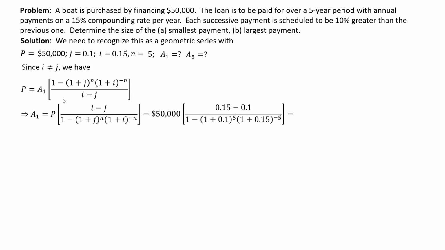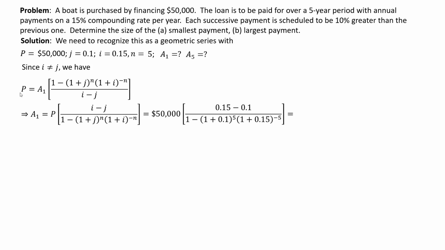I should mention this, right? I cannot just go on, okay, plug and chug. P equals A1 times this one. But what we are interested in is A1. What is A1? So, would you agree I need to multiply by the reciprocal of this on both sides in order to get A1? So that's exactly what I did.